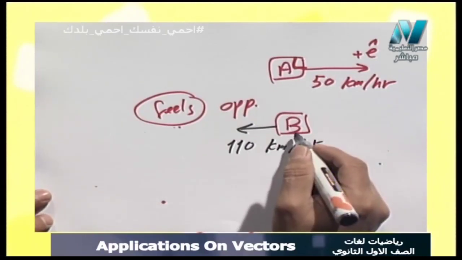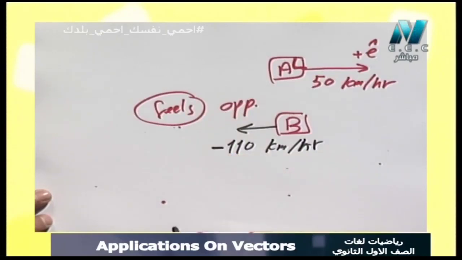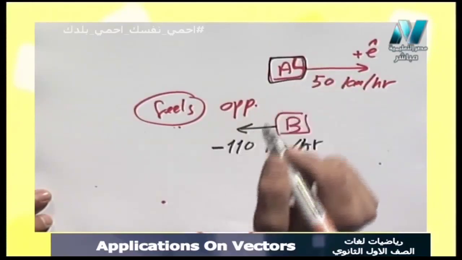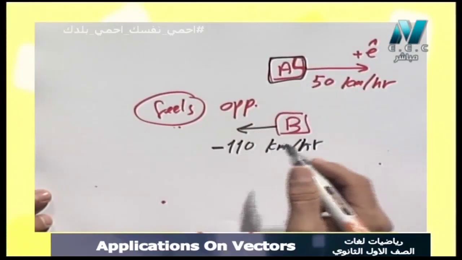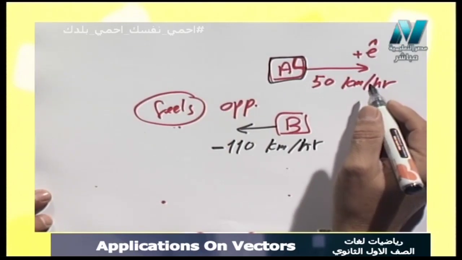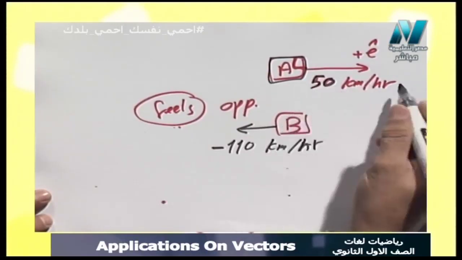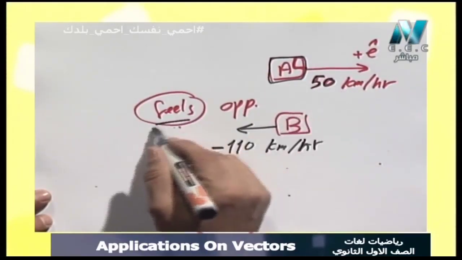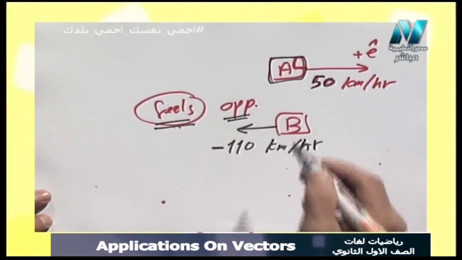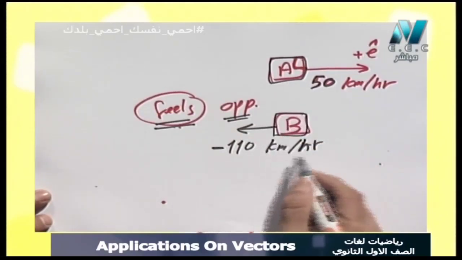Opposite means that we will get negative 110, because the rider of the motorcycle moves in this direction, which we consider positive, at 50 kilometers per hour, and he feels that the car B moves in the opposite direction at 110 km per hour.